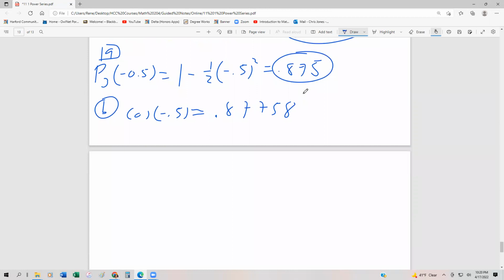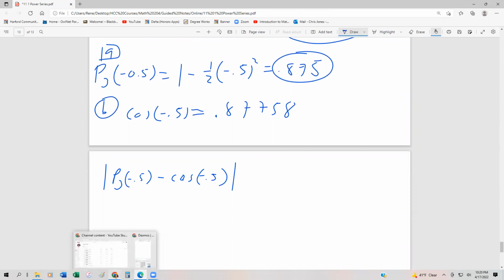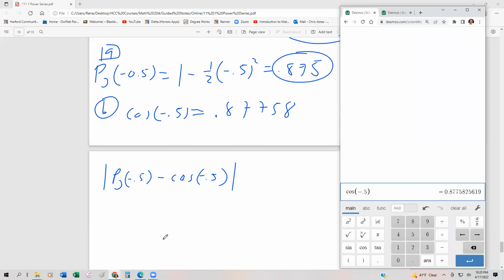So for our absolute error, that's going to be P3 at the value minus the cosine of negative 0.5, and we're going to take the absolute value of that. So we're going to go back to our calculator. And in our calculator, we're just going to take the absolute value of 0.875 minus the cosine.